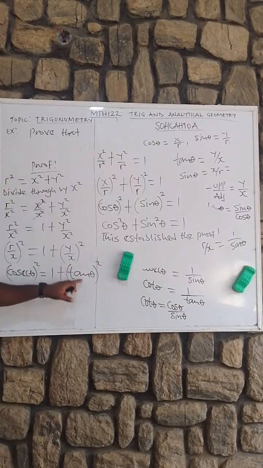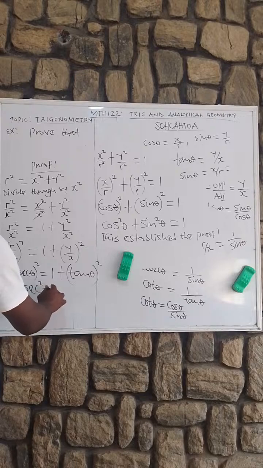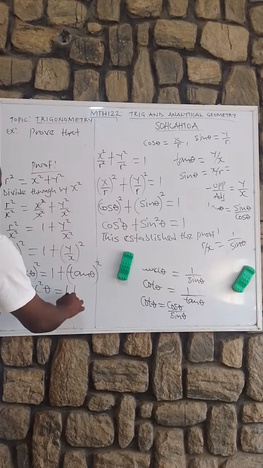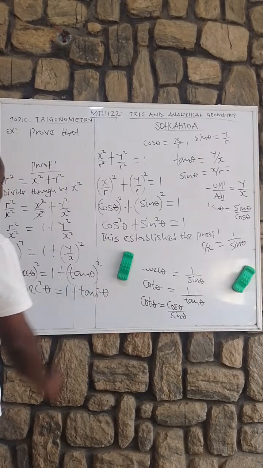This is tan theta. True or false? Okay. So it means cosec square theta is equals to 1 plus tan square theta.